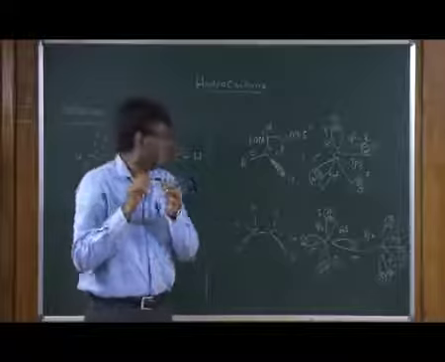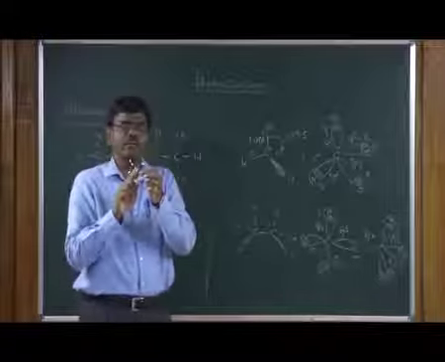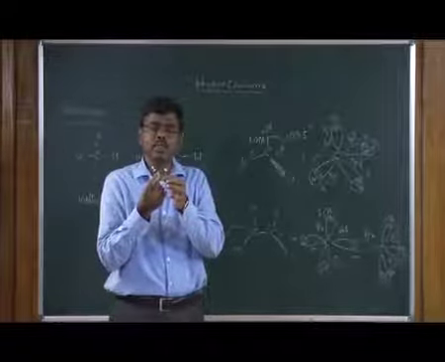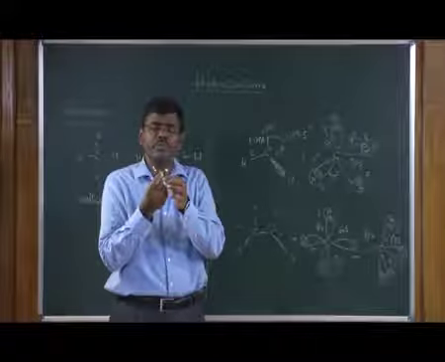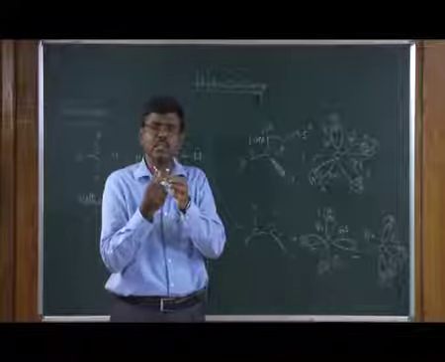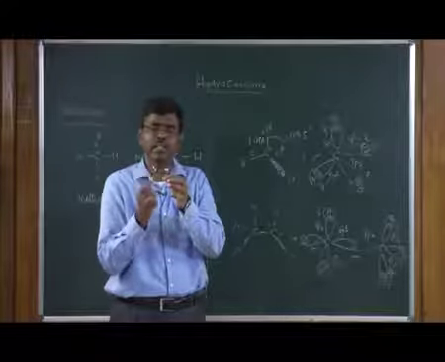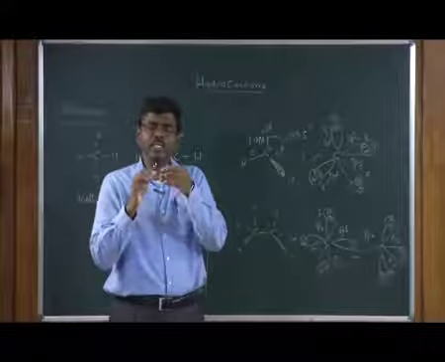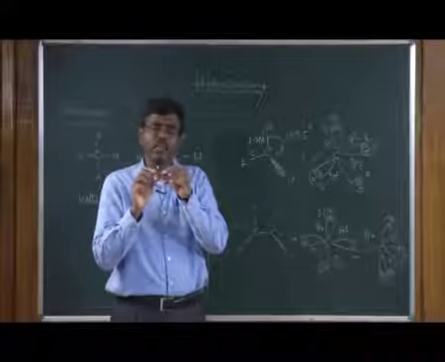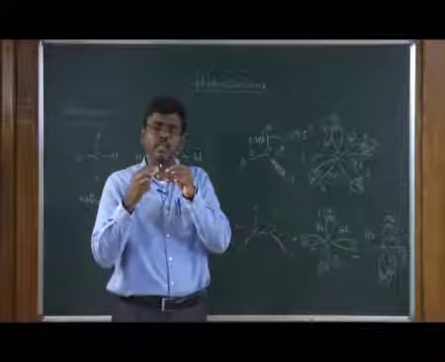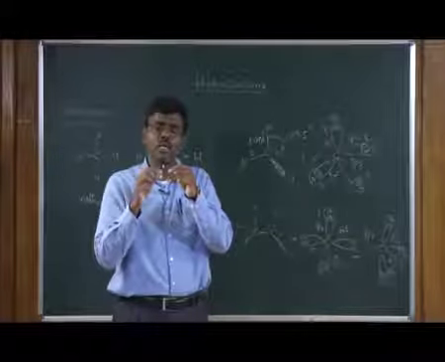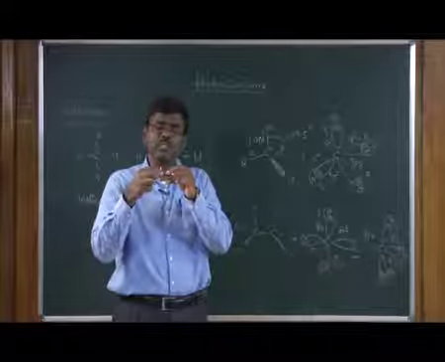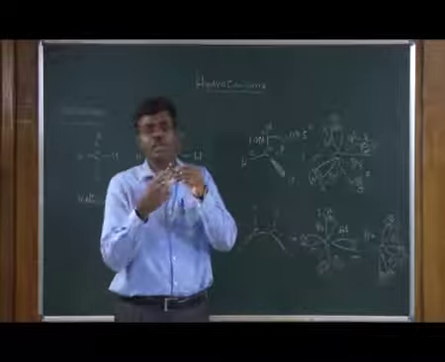You have the carbon-carbon sigma bond, formed due to the overlapping of the sp3 hybrid orbital of this carbon with the sp3 hybrid orbital of this carbon. In addition to that, there are carbon-hydrogen sigma bonds. There are 3 carbon-hydrogen sigma bonds on this carbon, formed due to the overlapping of the sp3 hybrid of this carbon with the hydrogen s orbital, similarly for this one.